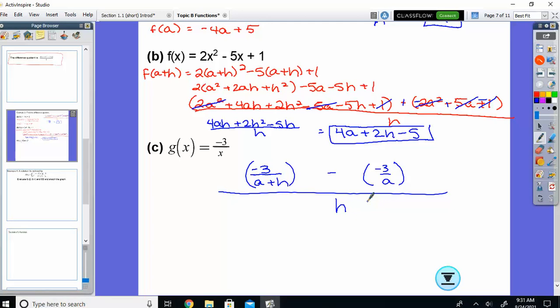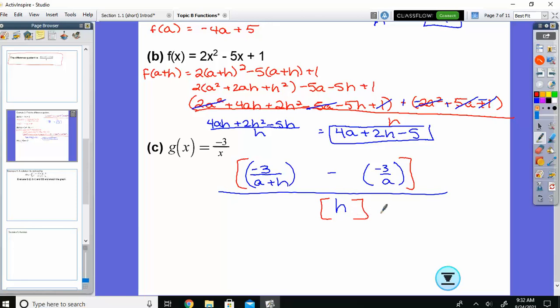So if I wanted to get rid of this denominator, a plus h, I would have to take everything times a plus h. If I want to get rid of that one, I have to take everything times a. But if I don't want to change my problem, if I do it on the top of the fraction, we have to do it on the bottom as well.